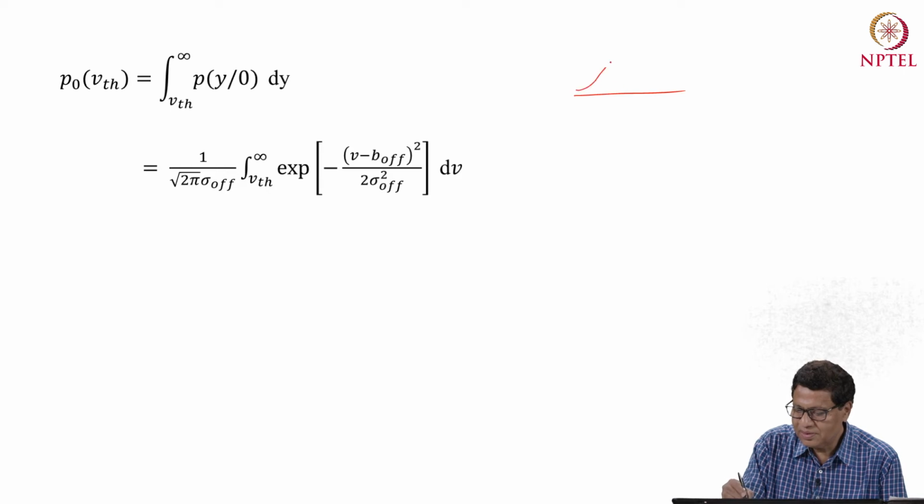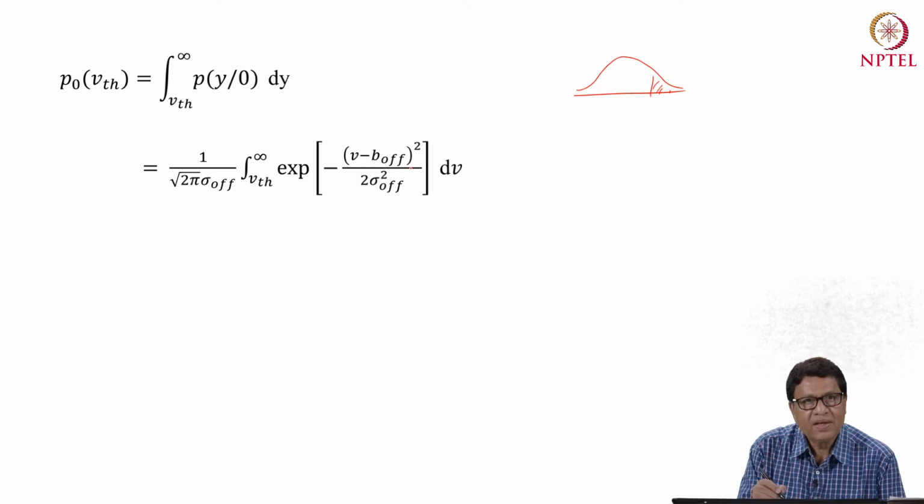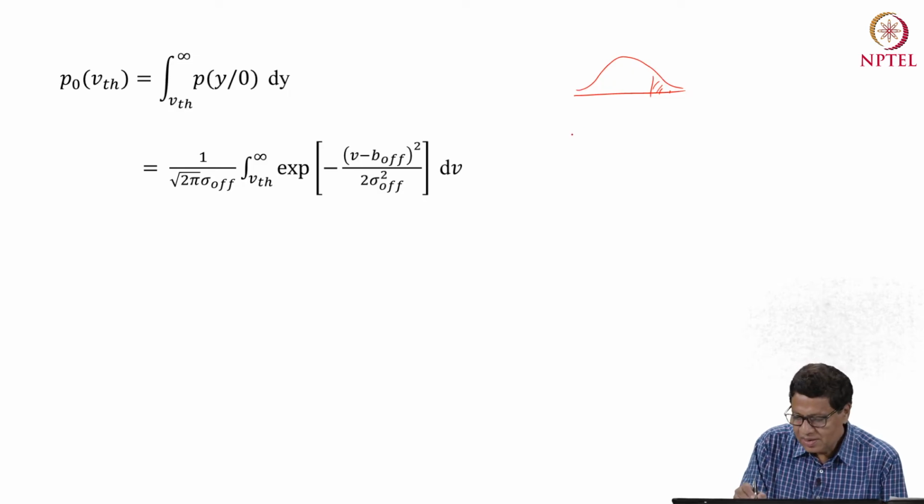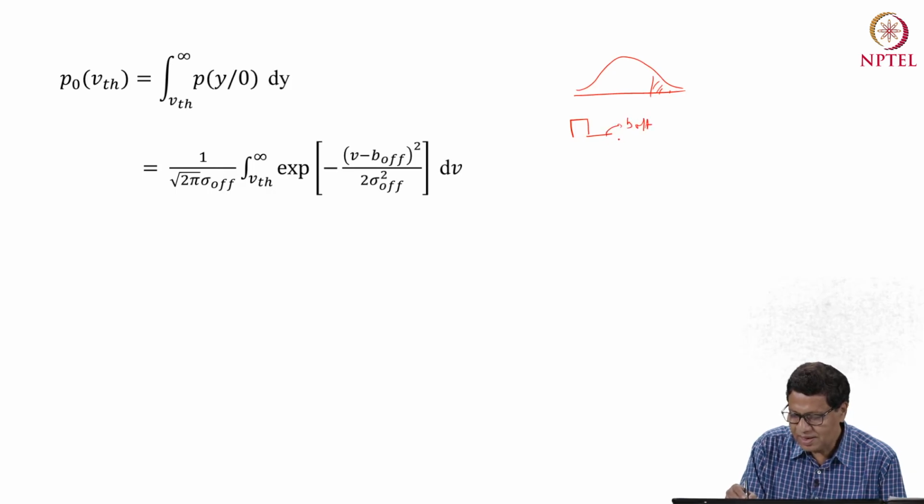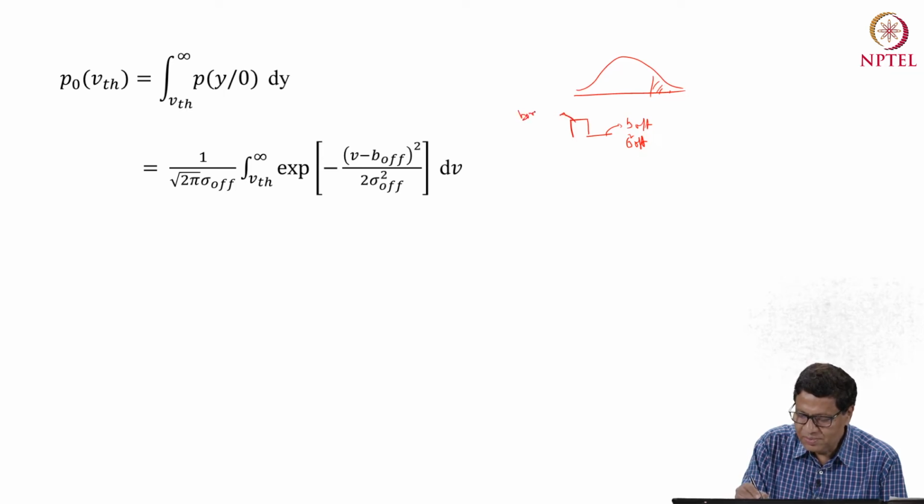If it is like this and you want to calculate this area, it is represented in this equation where B off is the mean, for example, and this has sigma square variance for the off state, and similarly you have the B on average, B on, and this will be sigma square on.